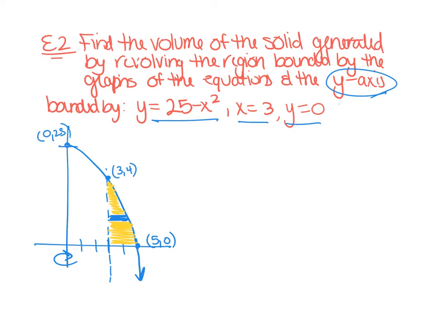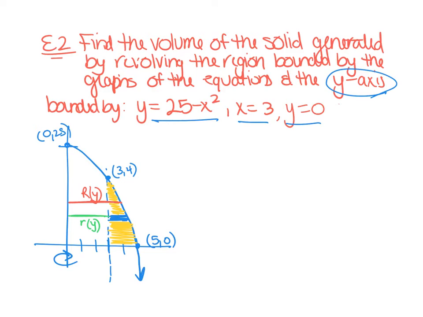Okay, so here's our picture. And remember, we're going around the y-axis. Your larger radius is going to be this distance right here, so that's your R of y. Your smaller radius, where you're cutting out the volume of the hole, is this one right here.